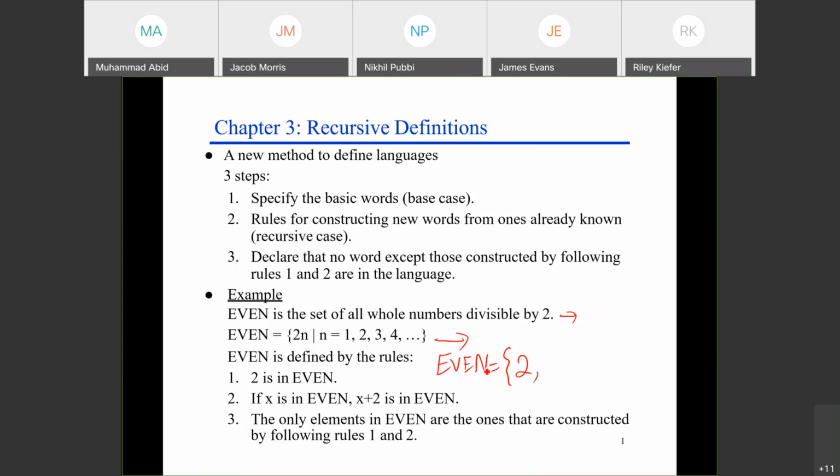If you see my screen, even is equal to the set starting with 2. From the base case, I generate only one word, 2. And now I'm saying if x is in even, and x is any existing number which I proved is even and part of my language, what is x here in my case? Anyone?